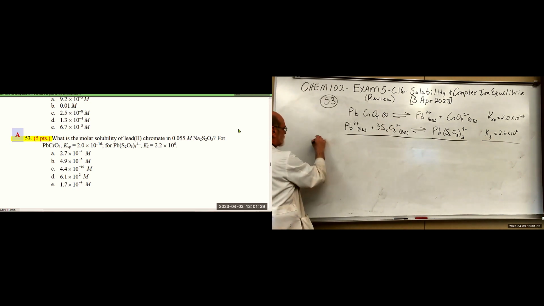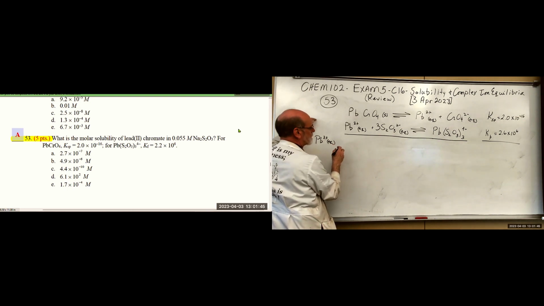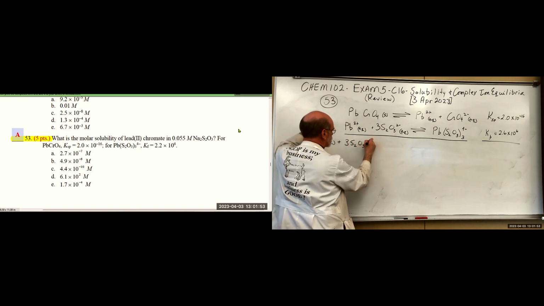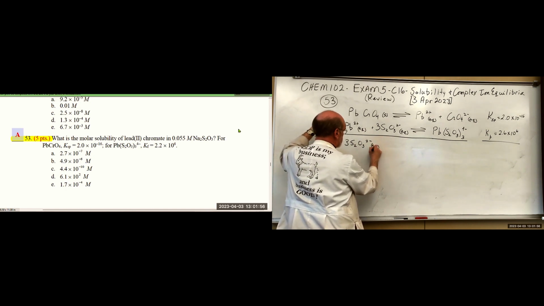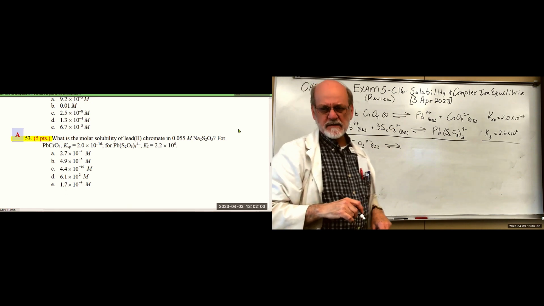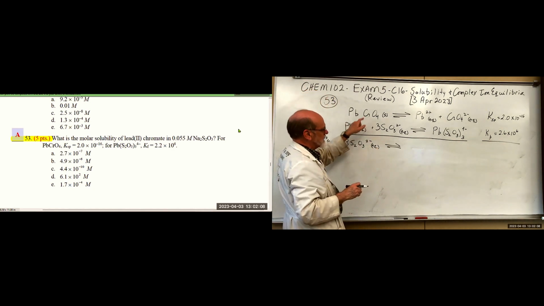So we've got lead 2 plus plus 3 S2O3 2 minus. And I believe we leave the solid out of it.